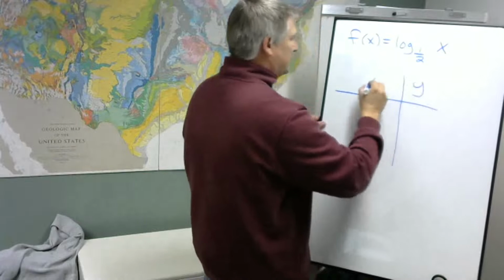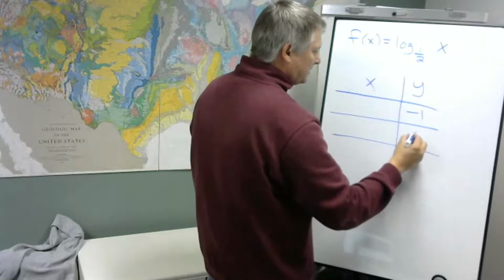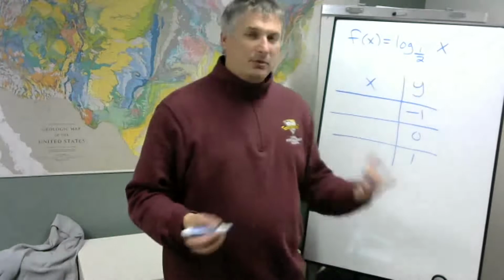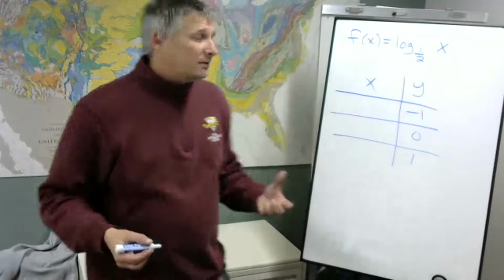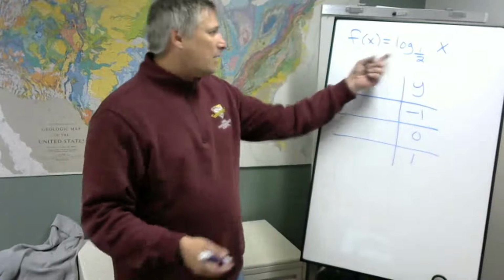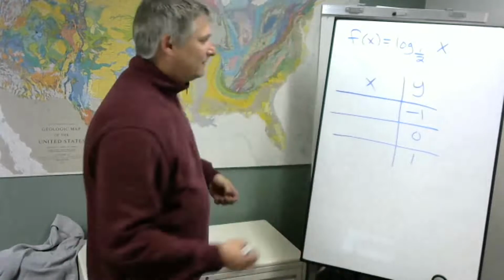We're going to switch the inputs and outputs. So now the inputs will be -1, 0, 1. And then we're going to ask the question, well, how do you get an output of -1? What does x have to be? And we're going to use that inverse relationship that the logarithm has with the exponential function to figure it out.